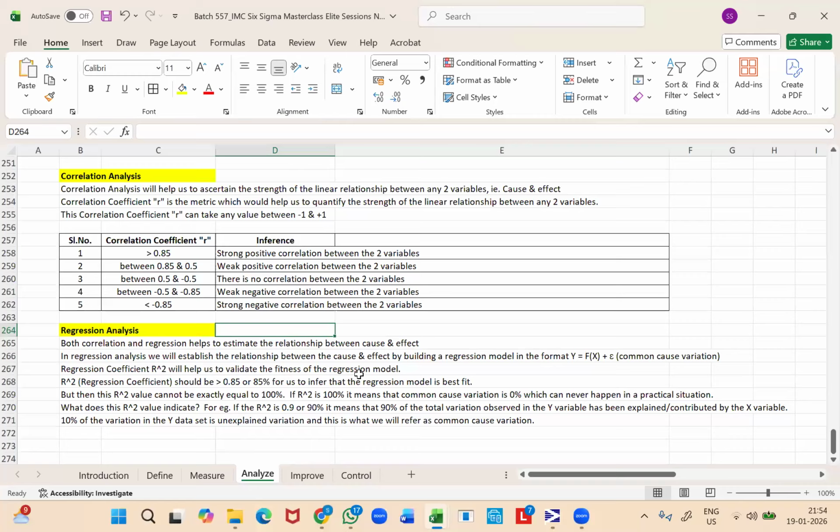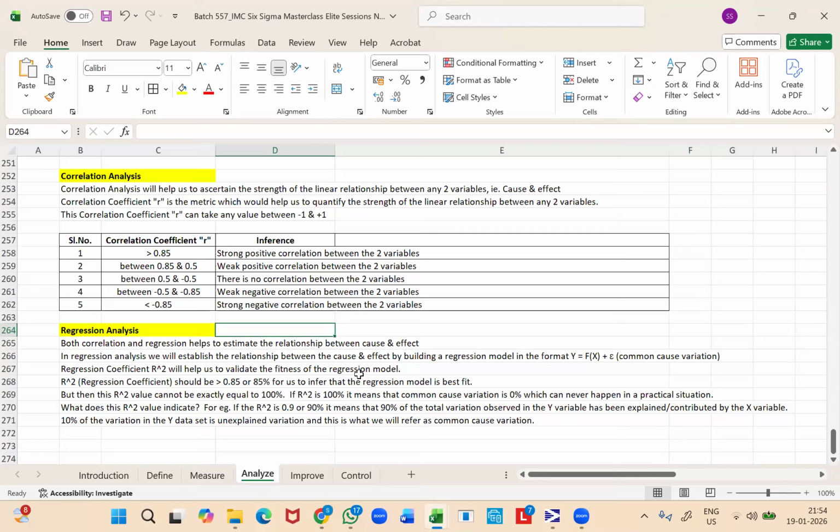So the moment you find relationship as part of the question and you are asked to identify the tool, then we need to pick either scatter plot or correlation or regression from the multiple choice. Clear? So all these three are relationship establishing tools.